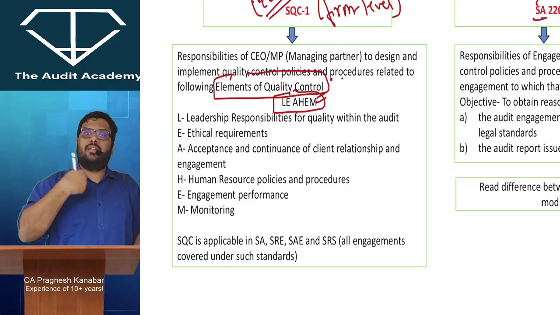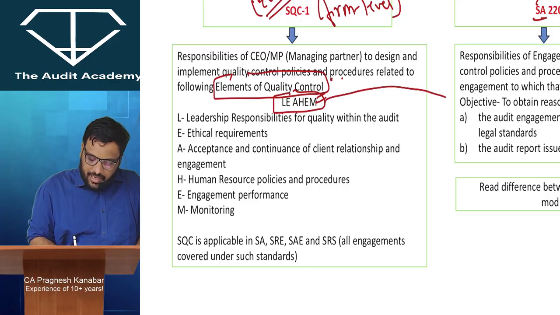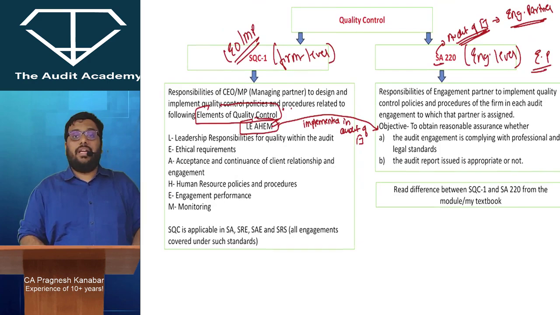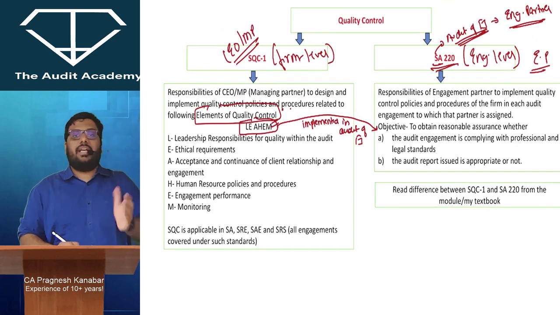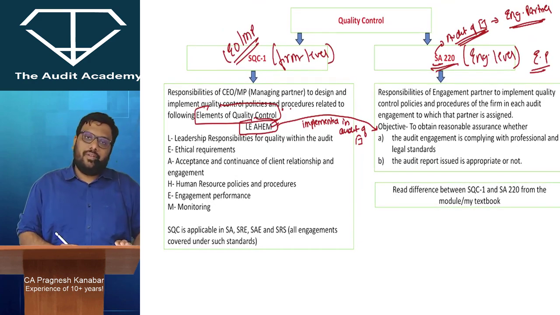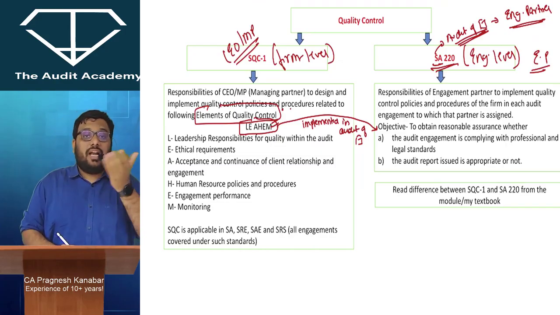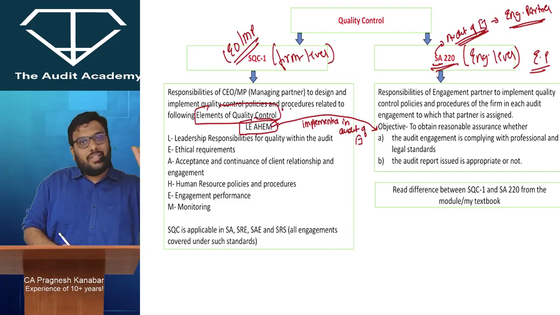The CEO and the managing partner. And how these 6 elements will be implemented in audit of financial statements is in SA 220, which just talks about the responsibilities of the engagement partner. So which standard will have lengthier content? SQC1, and SA 220 will be short.